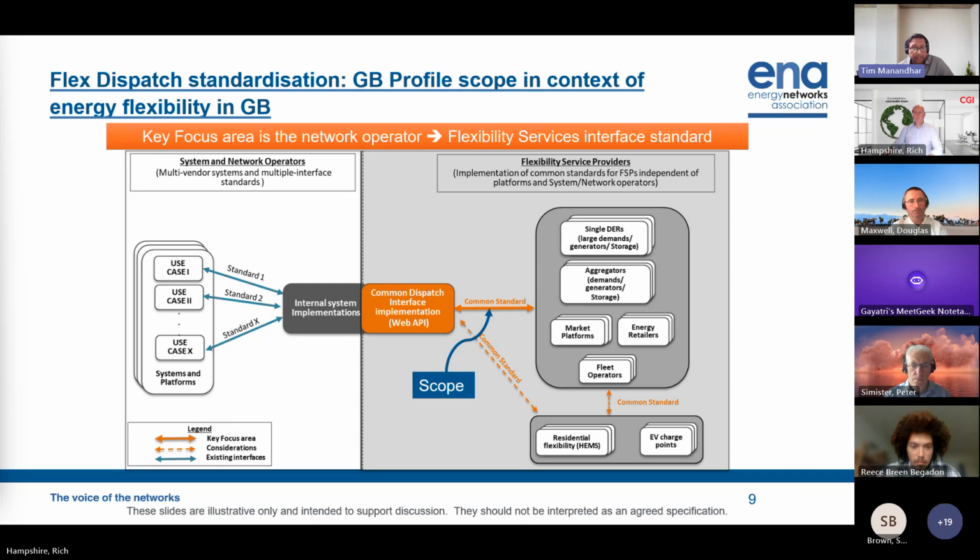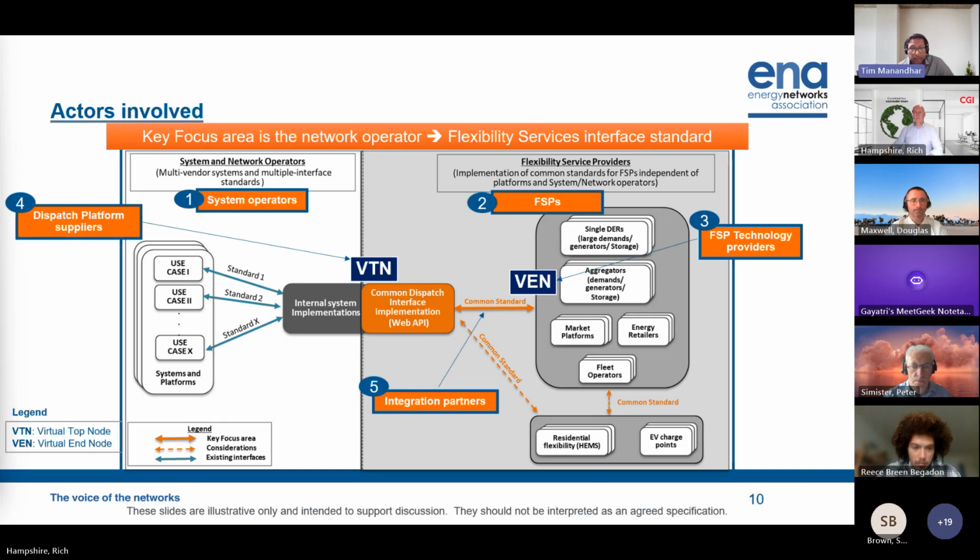Next slide, please. This shows, for the context of this discussion today, the players that are involved, and I'm sure some of you would fit in one of them. We have the VTN and VEN, with the VTN being the top node that the utilities will build, and the VEN the virtual end node that the flex providers and their technology providers will build.